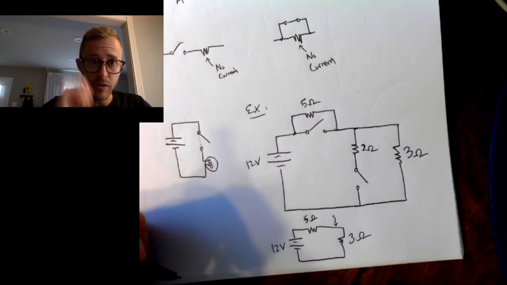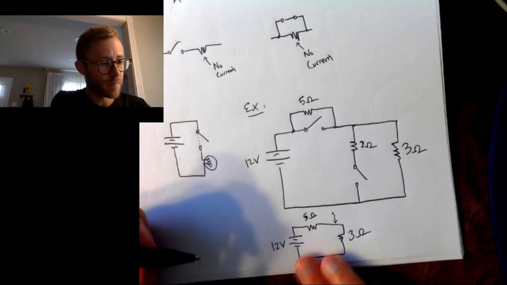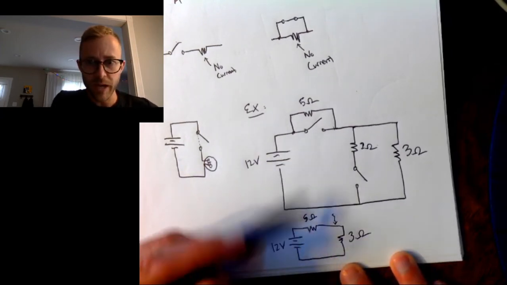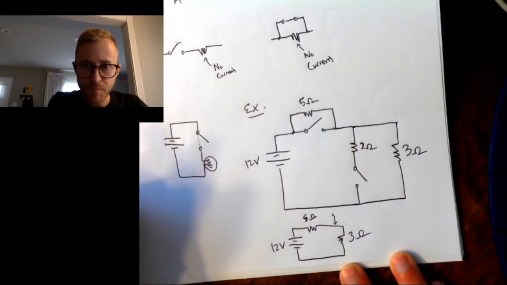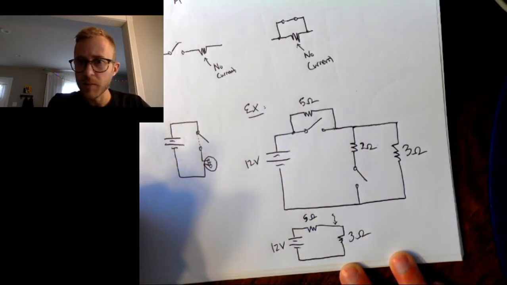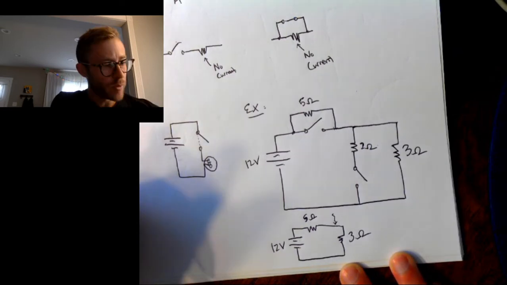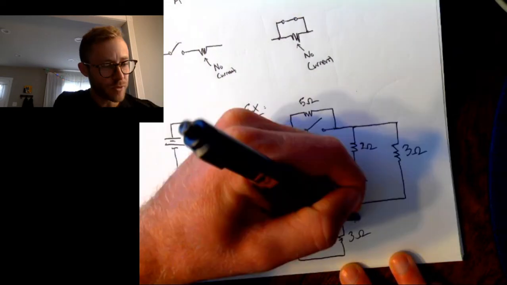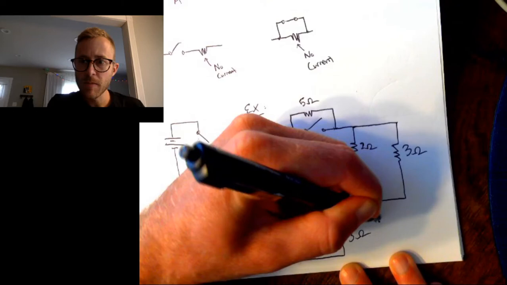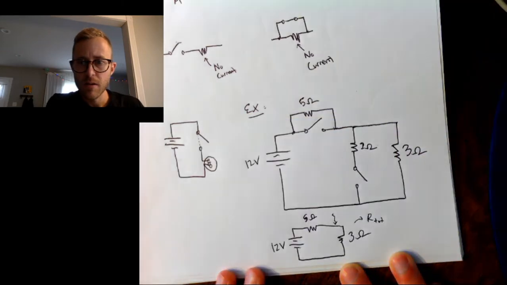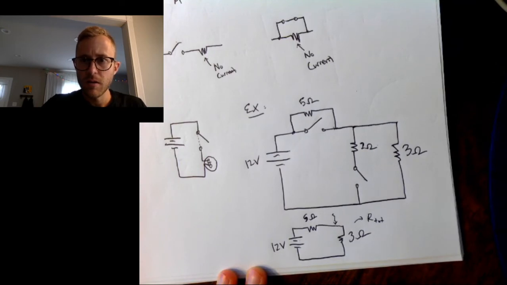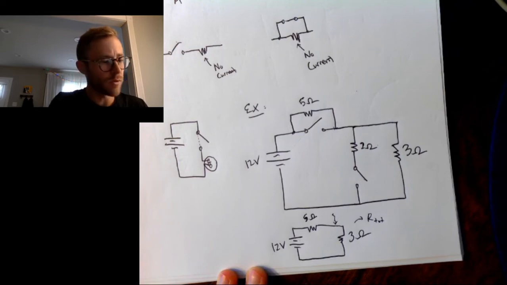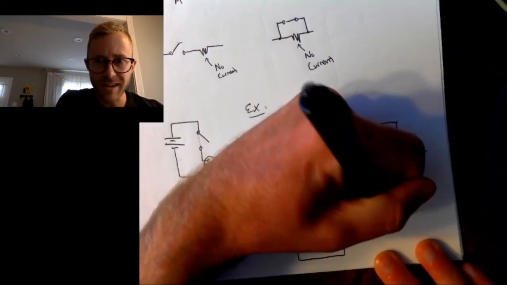Okay, so you can see that I have removed any branch of the circuit that has an open switch on it. Okay, so in this case, we can see that the total resistance is about 8 ohms.